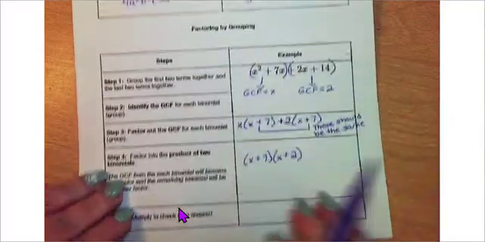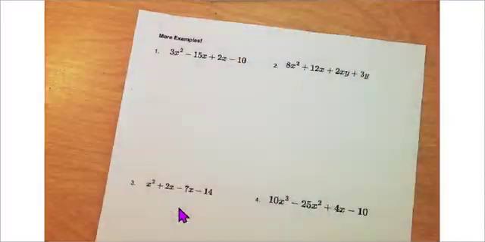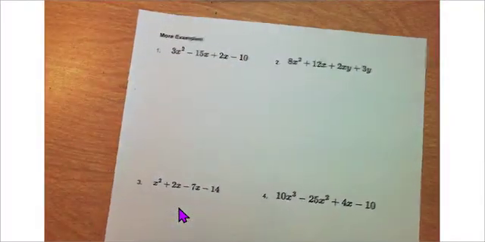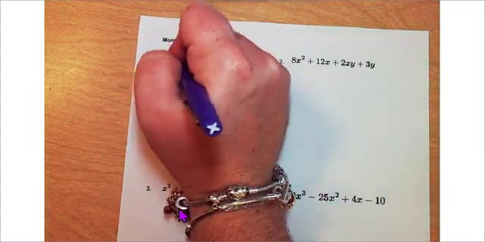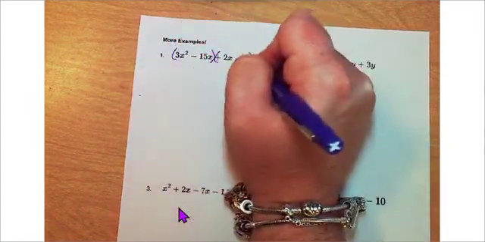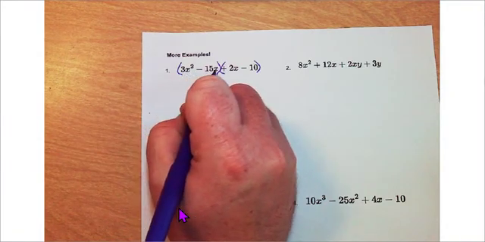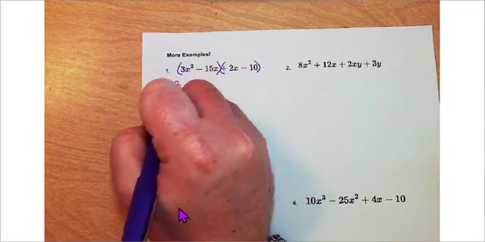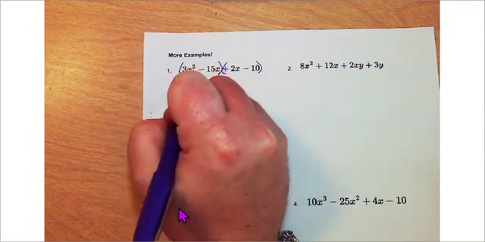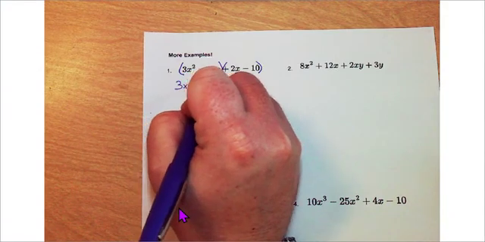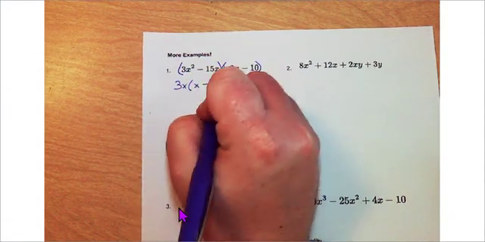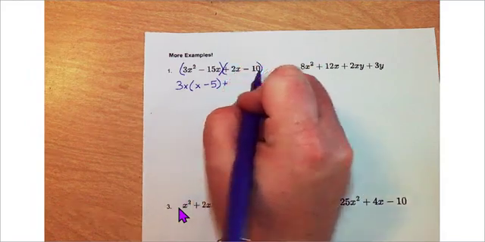All right, let's try that on some more. Again, I'm trying to group these into two groups and look at each one. What can I factor out of 3x squared minus 15x? Well, that's a 3 and an x, so I'd end up with an x minus 5. Plus, what am I able to pull out of this?